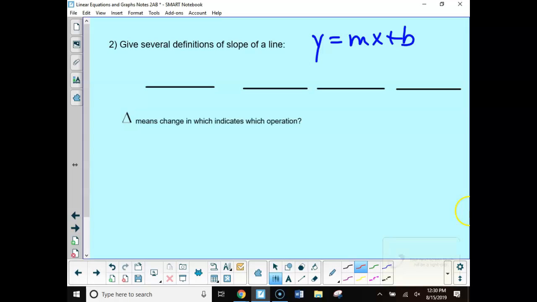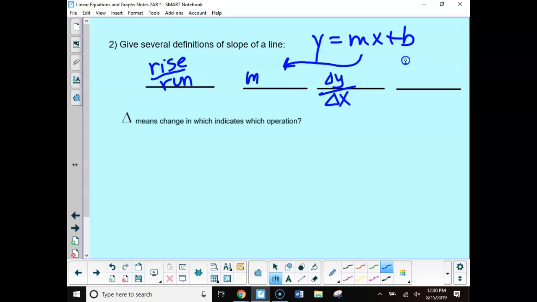But the whole equation is not an answer for slope. This is slope, m, or rise over run, or change in y over change in x, or y2 minus y1 over x2 minus x1. You don't have to write all those down. This is your notes, whatever you need to write down there.